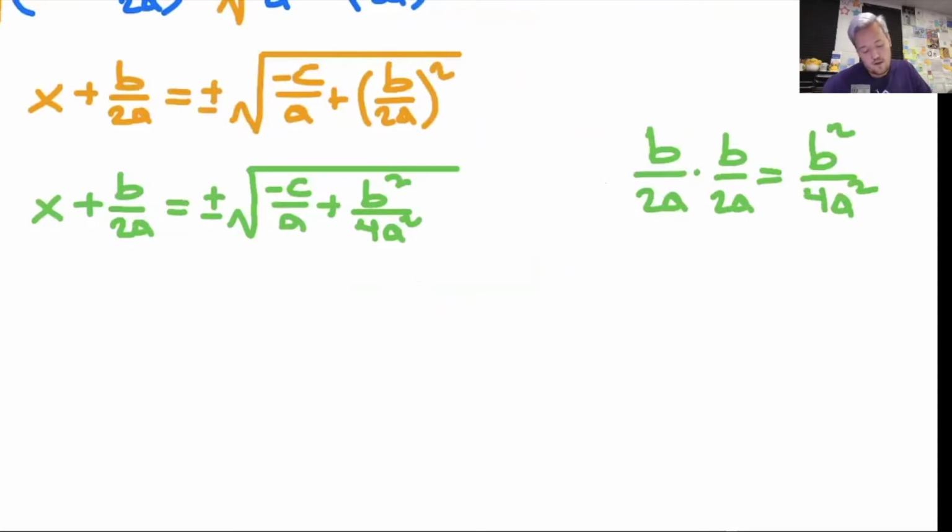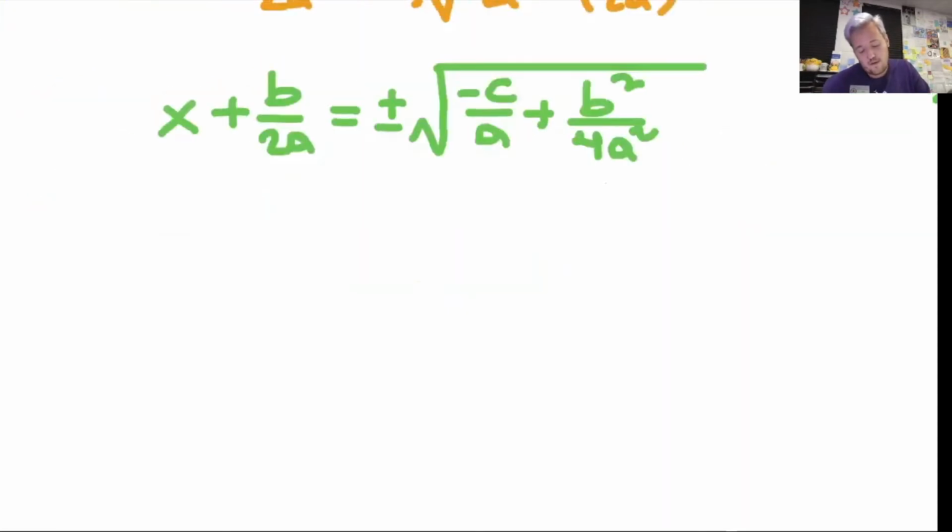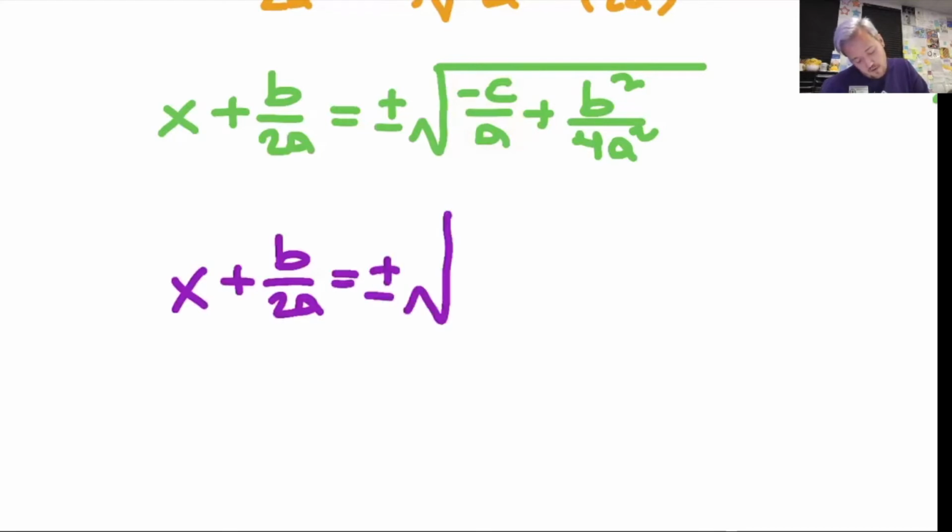All right, so now I want to combine these values into one fraction. To do that, I need a common denominator. So I can multiply this first term by 4a over 4a so that I will have a 4a squared across the entire denominator. So I'm going to have x plus b over 2a equals plus or minus the square root.